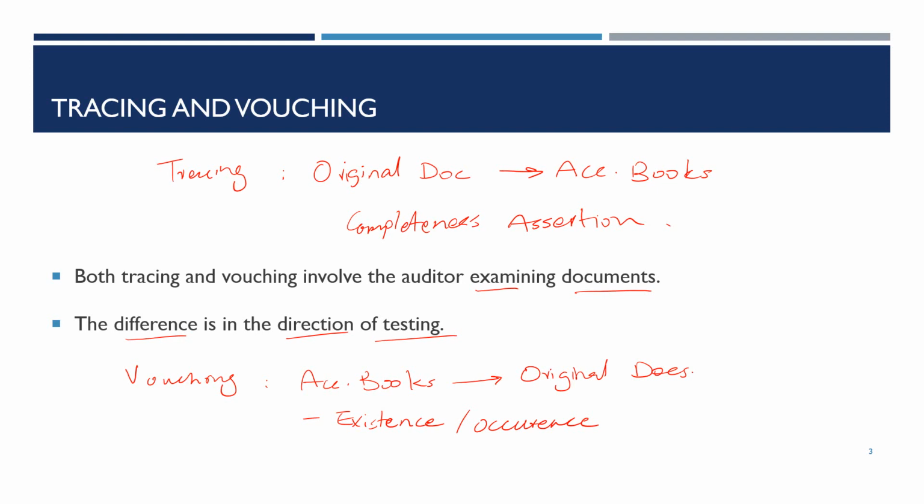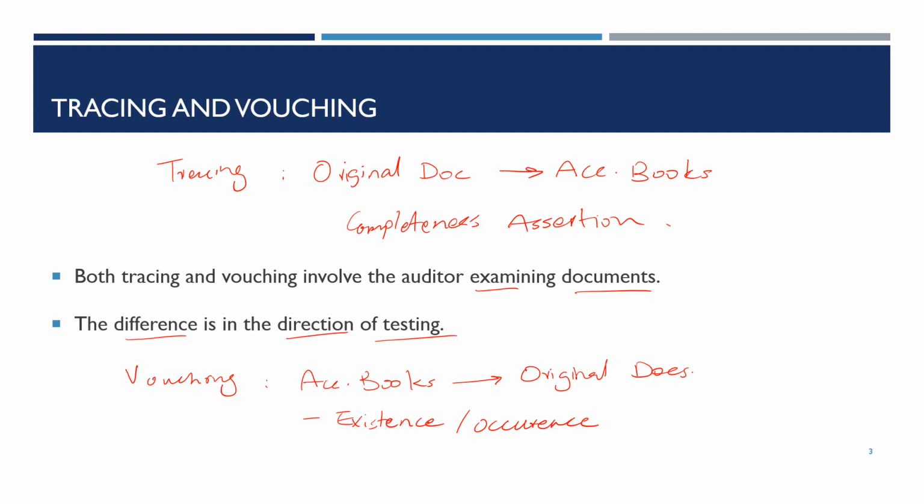With vouching, the auditor will be doing the opposite action because the auditor is going to find out did a sale take place. So the auditor will be starting from the journal entry. Once the auditor finds the journal entry, that means a sale is recorded. Then the auditor will be finding out whether there was actually a sales invoice sent to the customer.